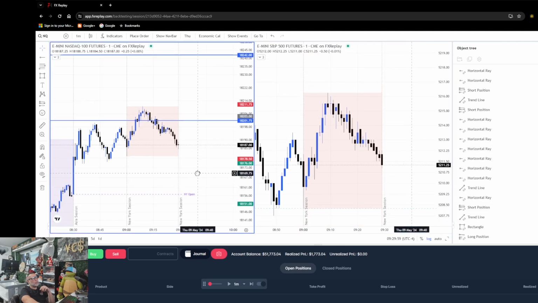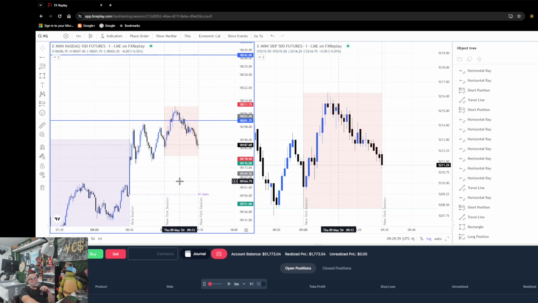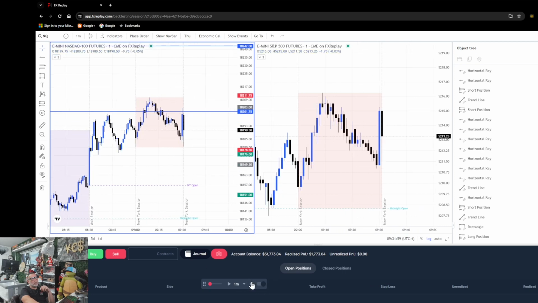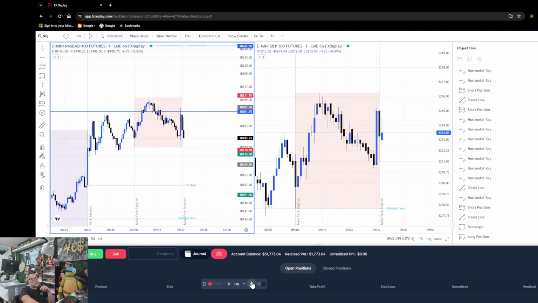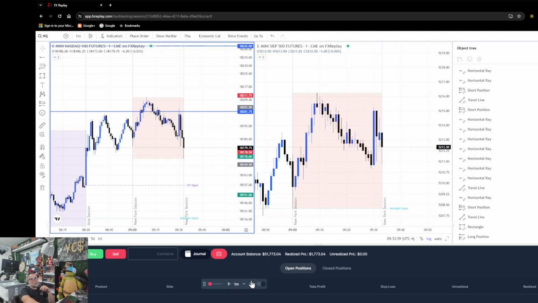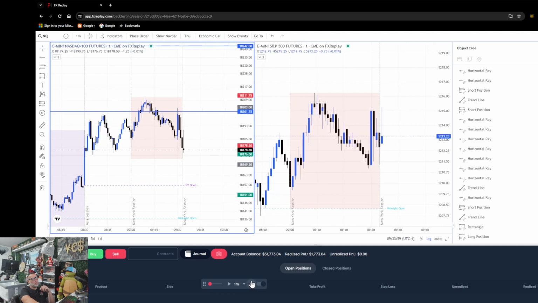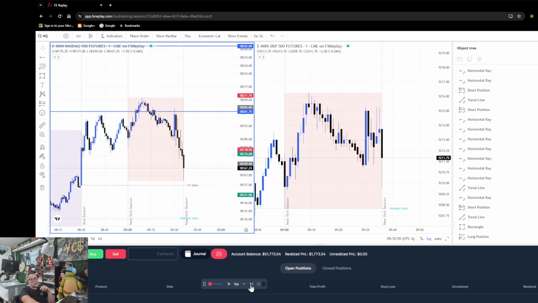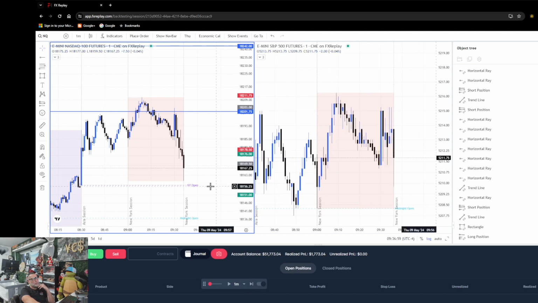We're gonna see if we get any SMT, and hopefully we get a trade. Reacting from that fair value gap.